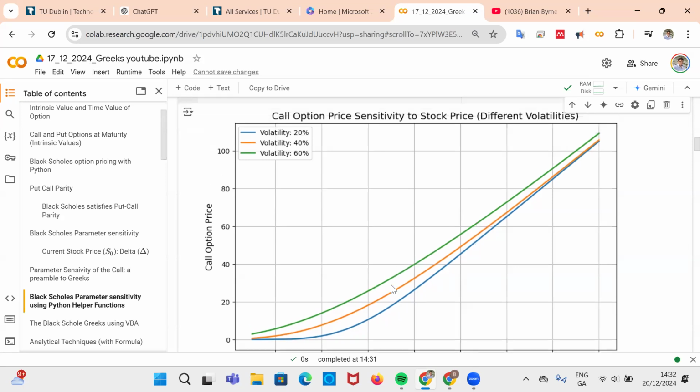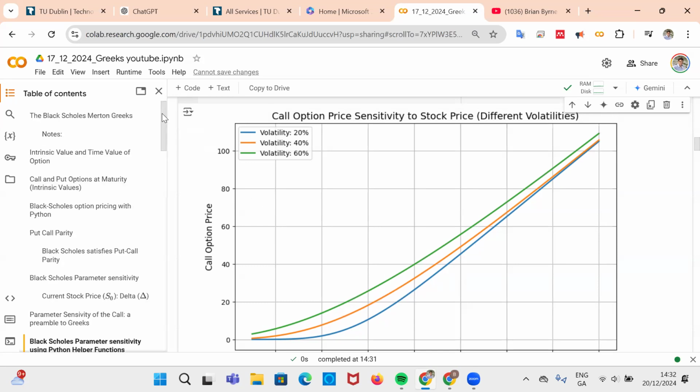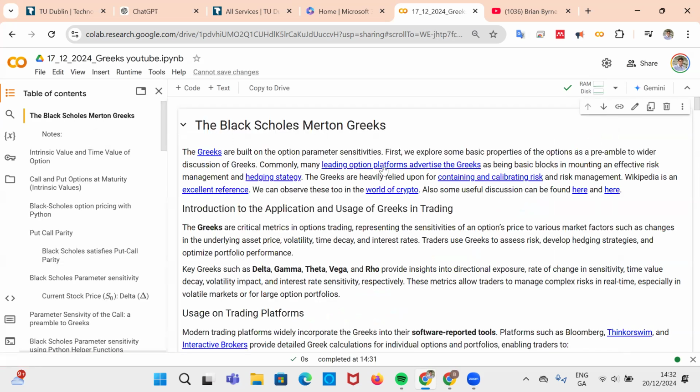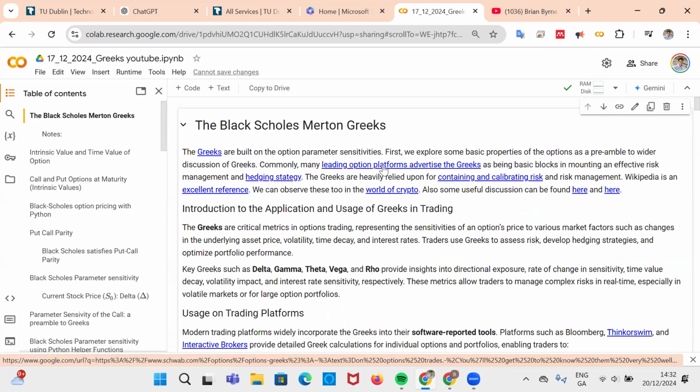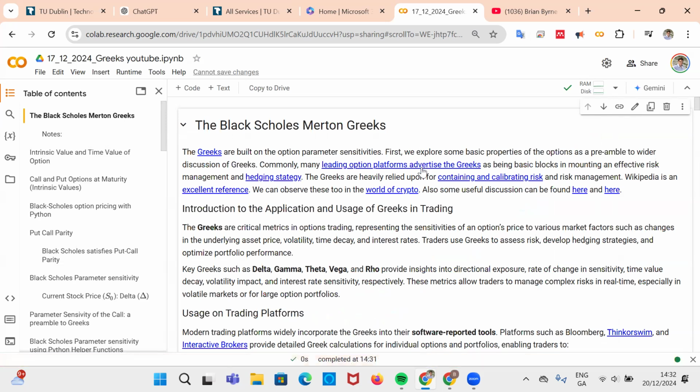So while we can discuss parameter sensitivity generally and eyeball it, for more precise calibration of that sensitivity we use the Greeks, which are the delta, gamma, vega, theta, and rho. And that's why we typically see references to the Greeks in many of the trading platforms.